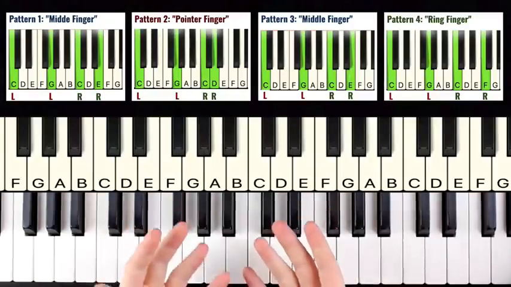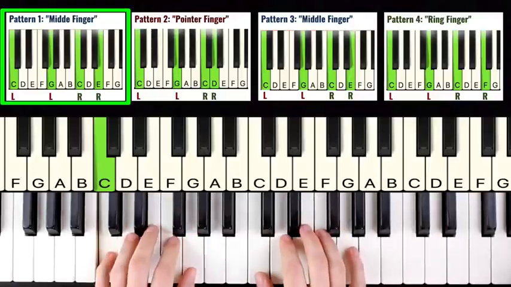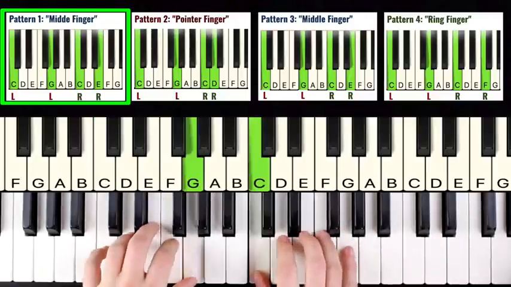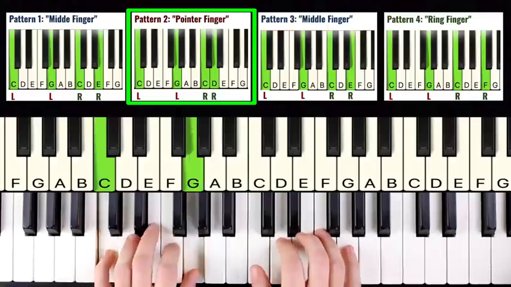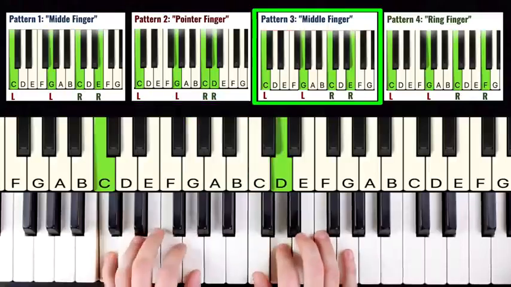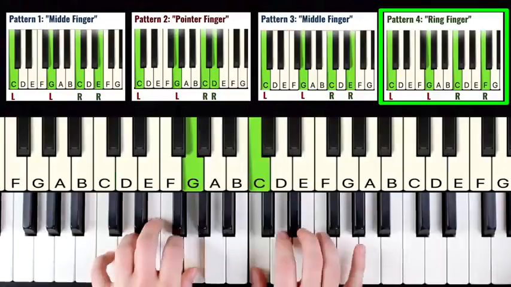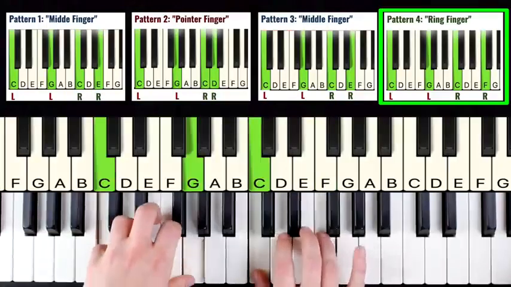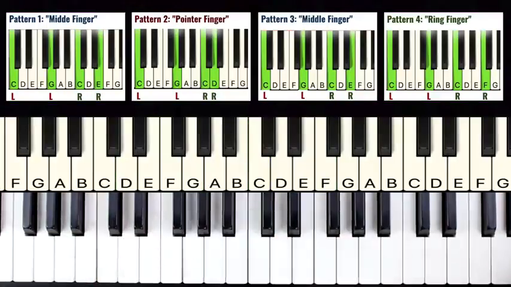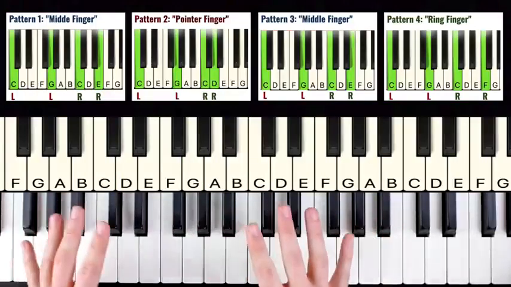And once you get it fully sped up, it's going to sound like this. Doesn't that sound impressive, like you're really a pro? But look how easy it is, right?